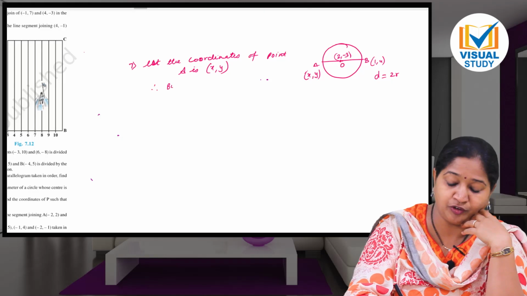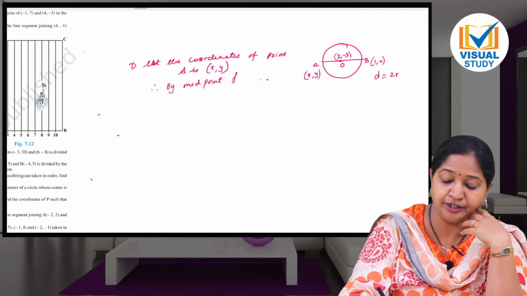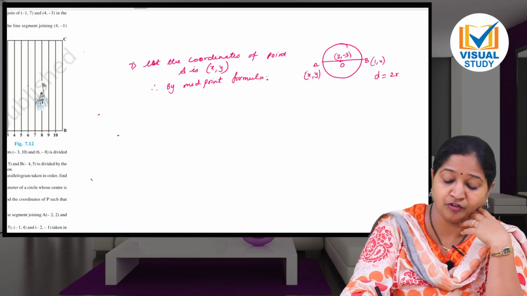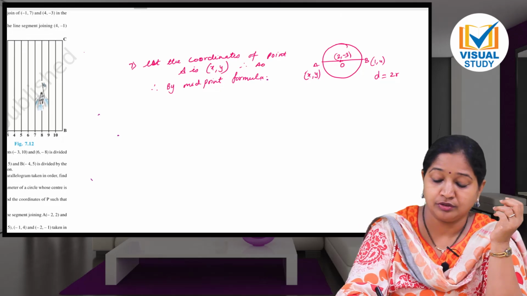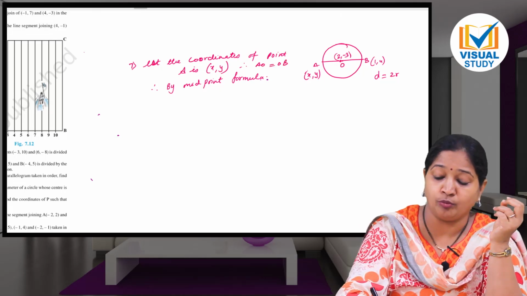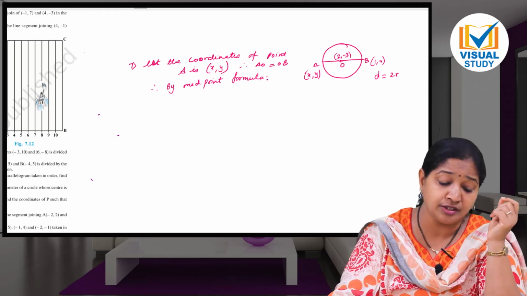Therefore, by the midpoint formula, AO is equal to OB because it is the radius of the circle.